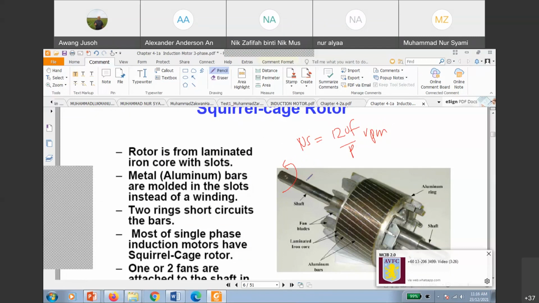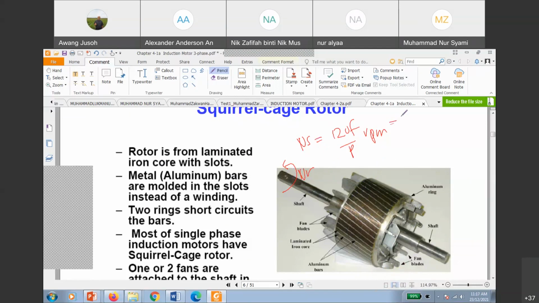That speed you call synchronous speed. Sorry, the speed inside the air gap, not this one. This nr is the rotor speed. ns is the speed of your flux moving. The shaft that you measure is the rotor speed. It's a different speed. So synchronous speed is the air gap speed.